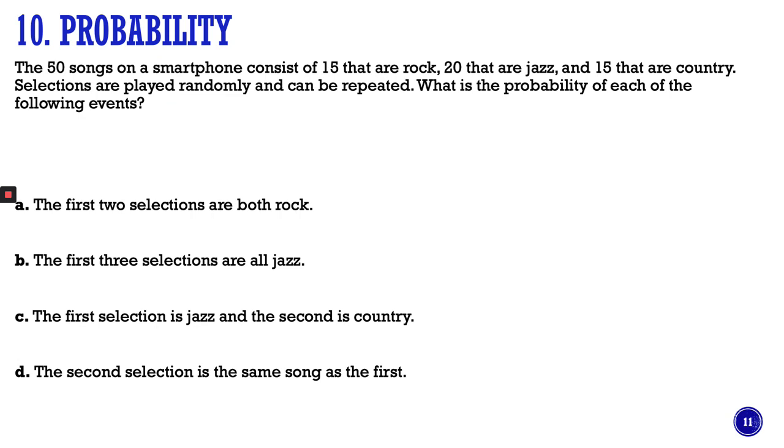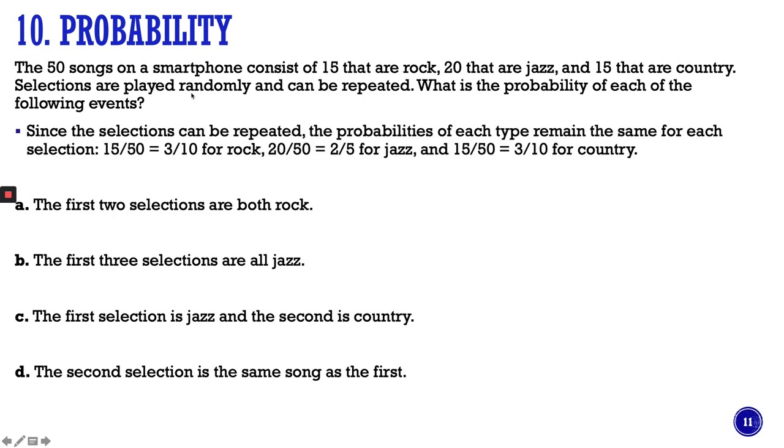So the 50 songs on a smartphone consist of 15 that are rock, 20 that are jazz, and 15 that are country. The selections are played randomly and can be repeated. What is the probability of each of the following events? Remember, we have 50 songs here. That's our total. So since the selections can be repeated, the probabilities of each type remain the same for each selection.